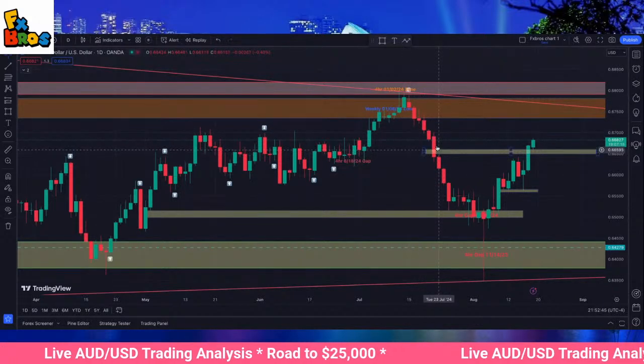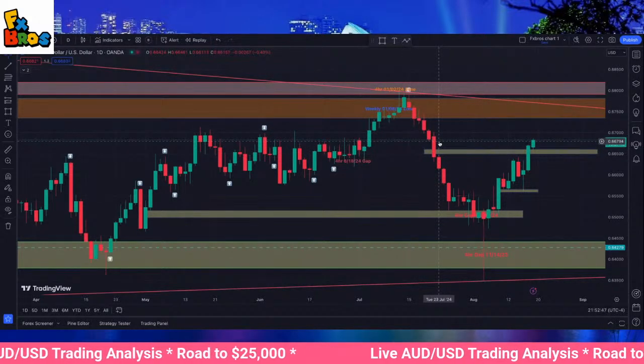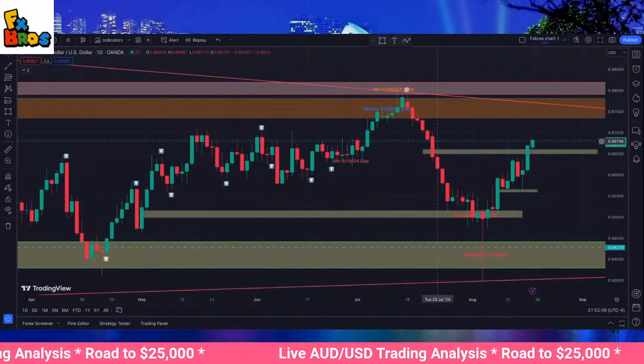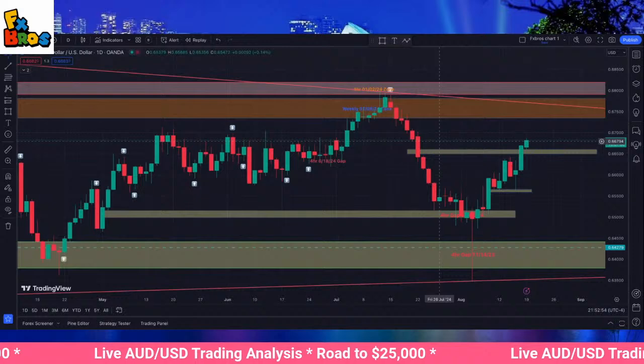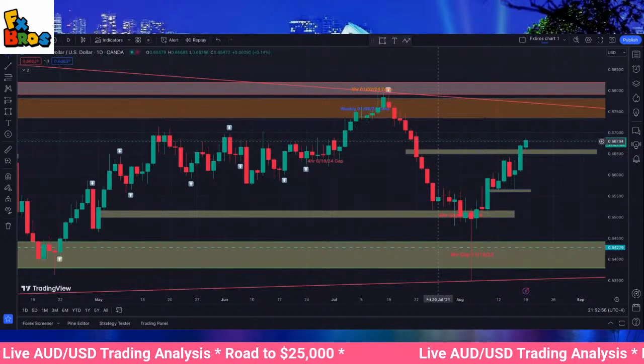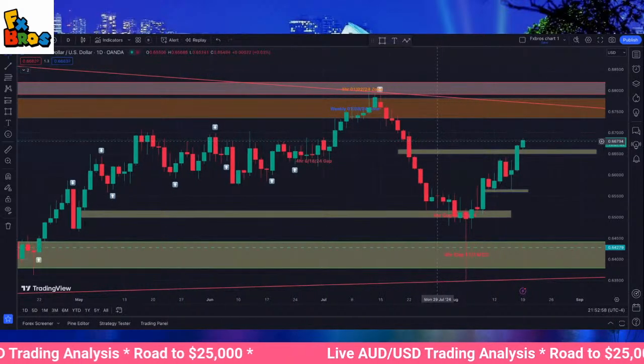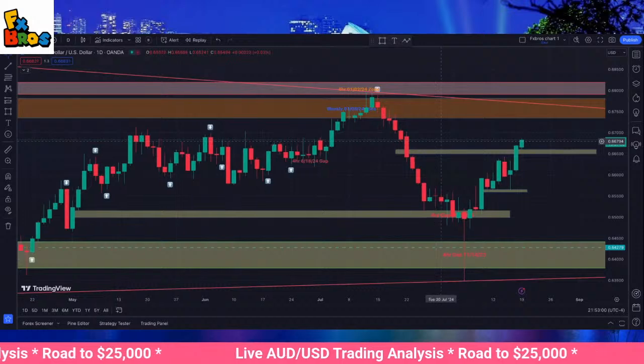But when you do smaller lot sizes, it's easier to hold. You see what I'm saying? It's easier to sit in that trade and just wait for whatever to happen.